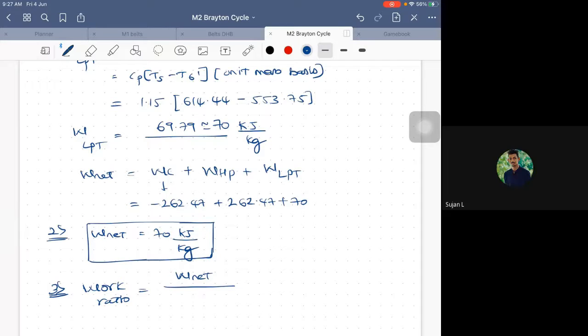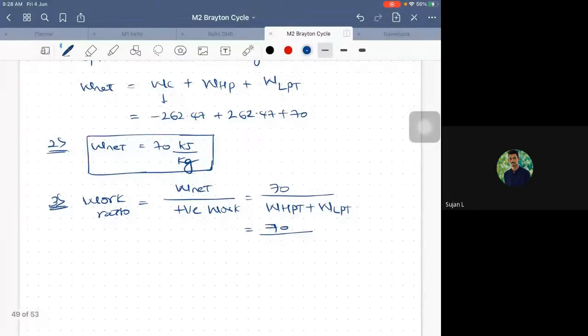Positive work. Very good. That is the answer I needed. So W net is the value which is 70 kilojoules per kg. Positive work is generating positive output. So what else is generating positive output? It is the HP turbine, and it is the low pressure turbine. Now from this, 70 divided by HP turbine, which is 262.47, plus 70.